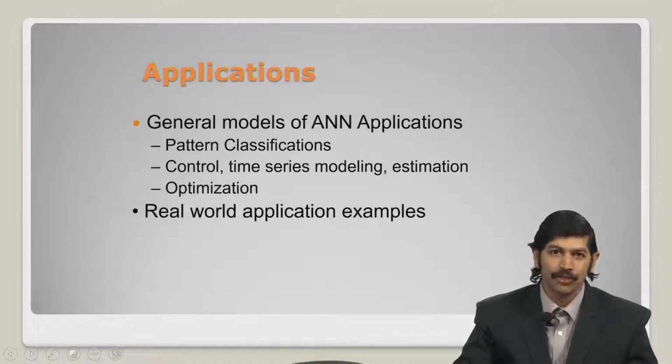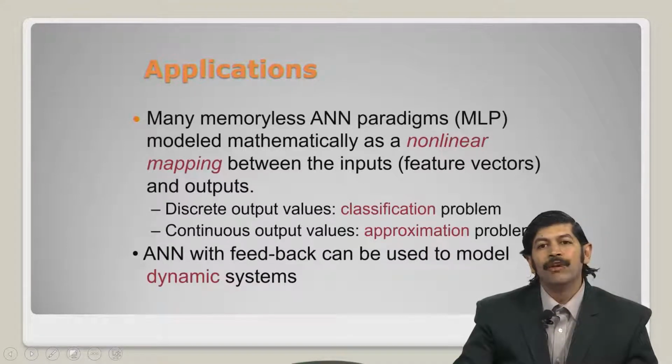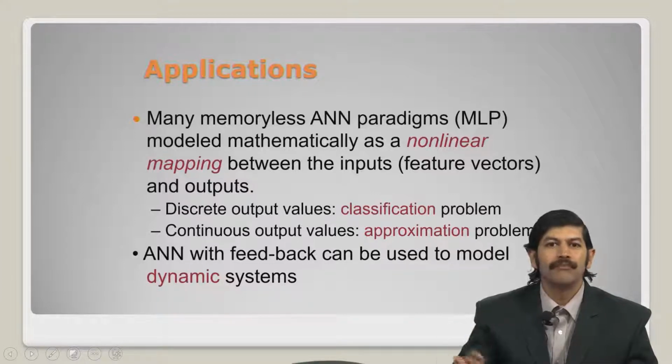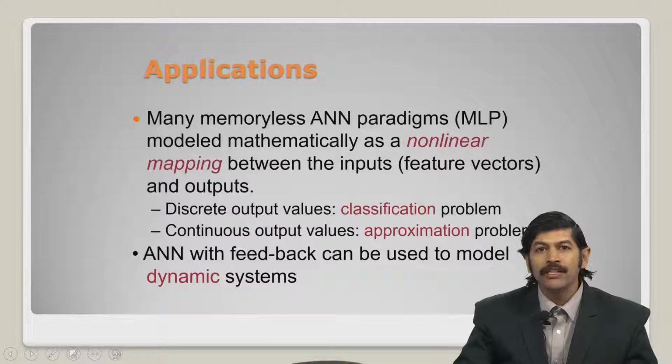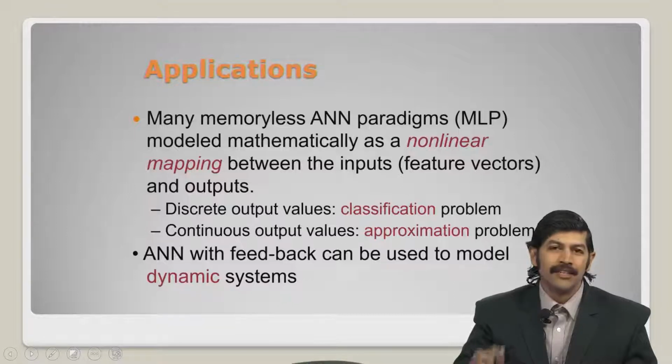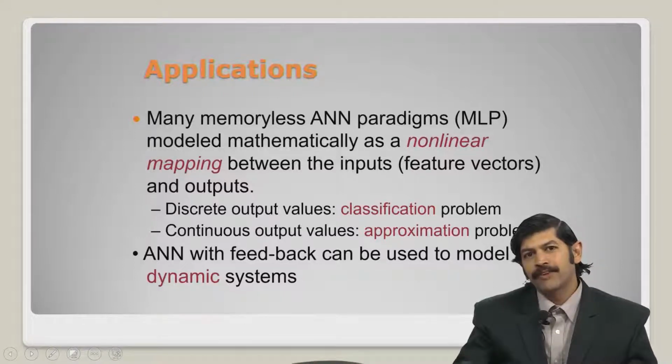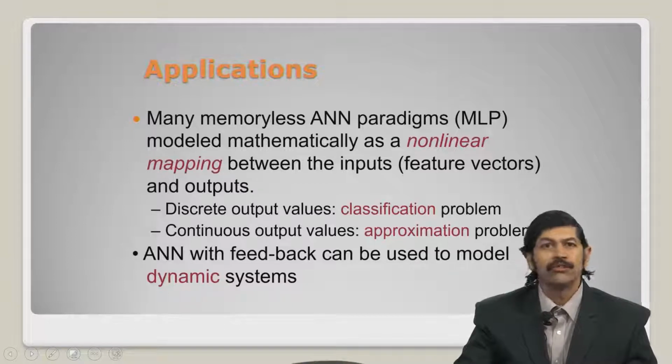And using these three different types and classes of applications, we'll be dealing with many interesting real world problems and real world solutions. We also know that a typical artificial neural network system is a non-linear, non-parametric kind of system. Typically we also know that neural networks are non-linear, non-parametric kind of systems, and they typically give us an ability to make the entire system, the entire solution go dynamic.